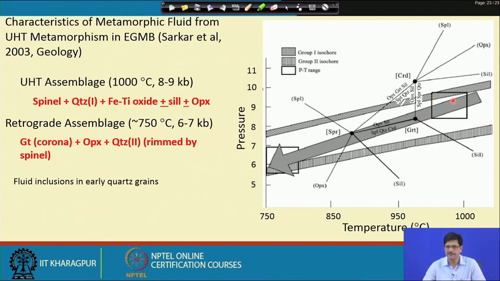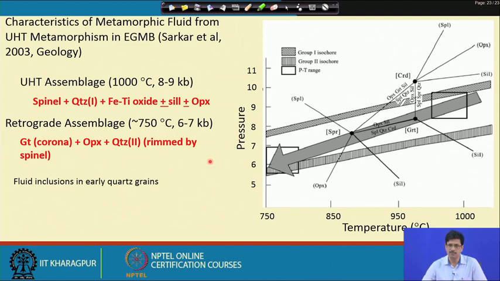But the observation is that there are pure carbonic inclusions, and the one set which are of high density represent the peak metamorphic condition, passing through the PT box representing the peak metamorphic condition, and the second group of low density inclusions also pass through the lower PT box representing the retrograde metamorphism.